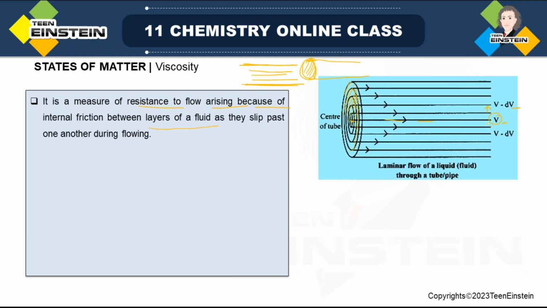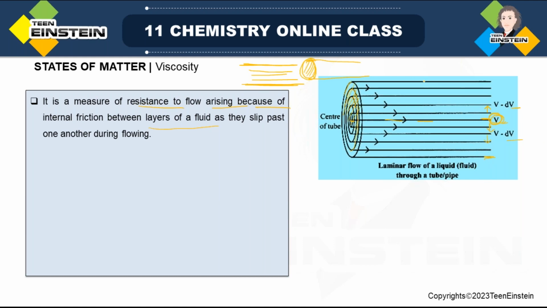Similarly, when you move down from the middle layer, there is a decrease, and when you move lower again, it decreases again. When you reach the wall, it will be almost zero.